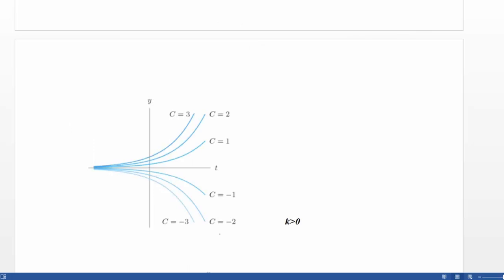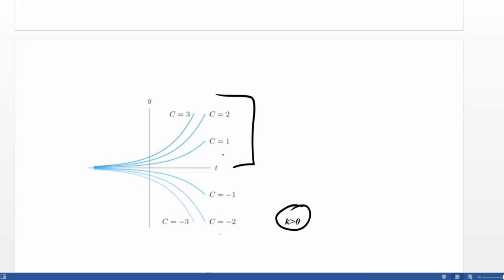So first, let's consider what happens when our growth rate is positive. So if our growth rate is positive, so it's greater than 0, and our c is positive, we end up in the top quadrant, and we can see that our function is increasing over time.